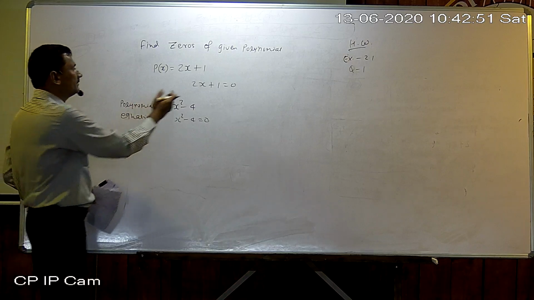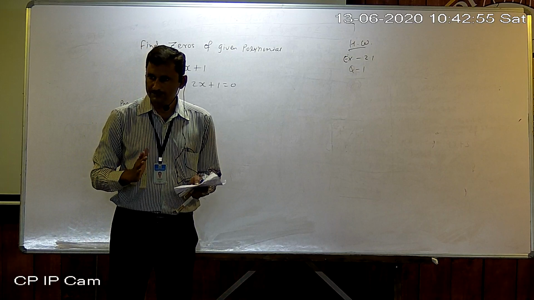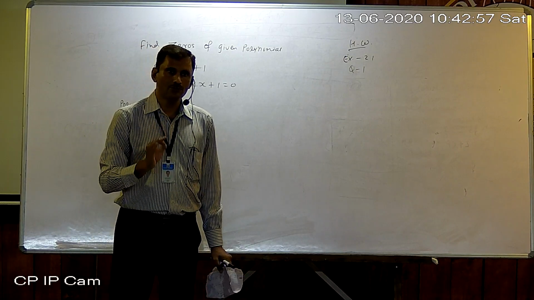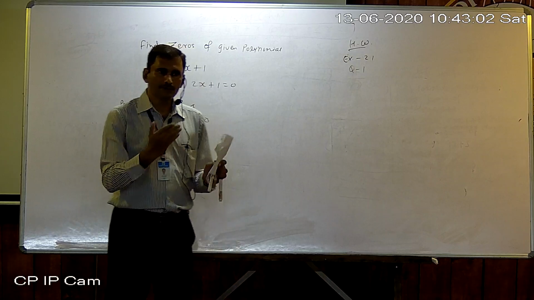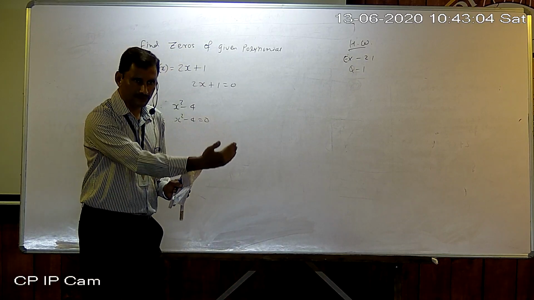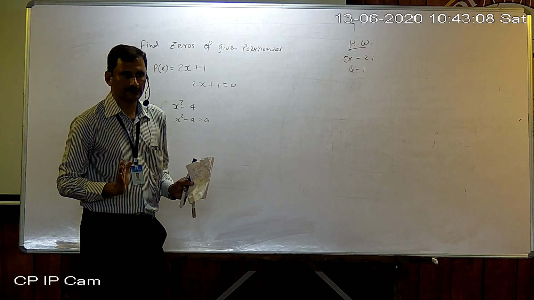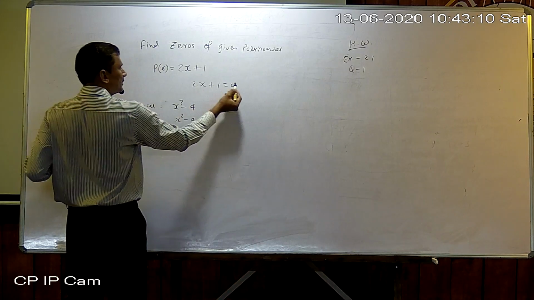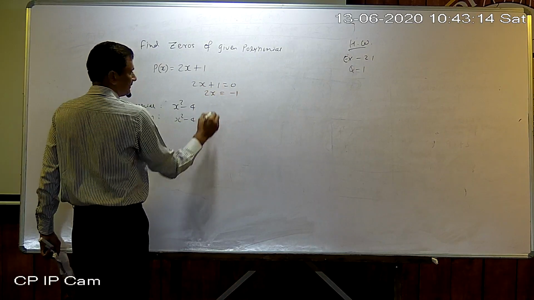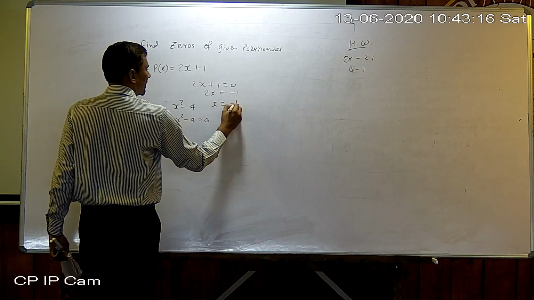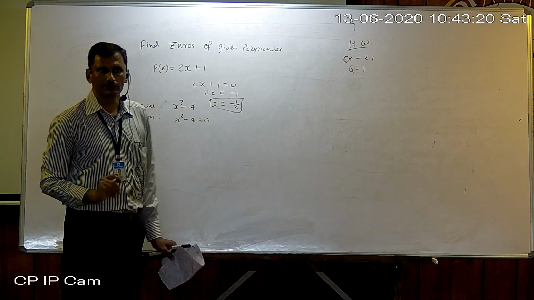To repeat, to find the zero of a given polynomial, just equate the polynomial to 0, then find x. Make x the subject. So x becomes minus 1 by 2. So the zero of the given polynomial is minus 1 by 2.